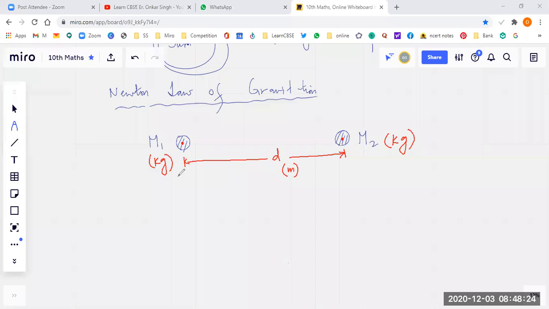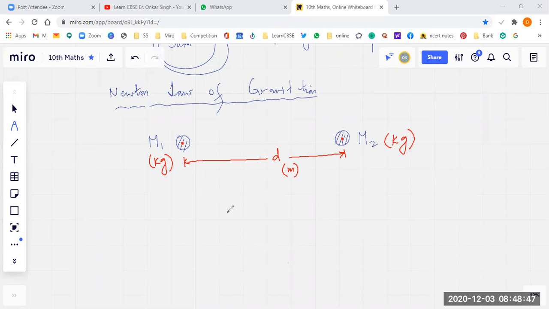You can talk about any two heavenly bodies, and there is a force of attraction between them. So our observation that Earth is attracting so many things towards its center is expanded to all the bodies in this cosmos, in this universe. They are attracting all other bodies.